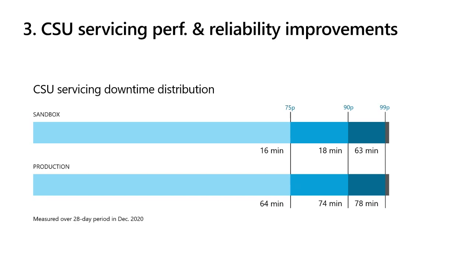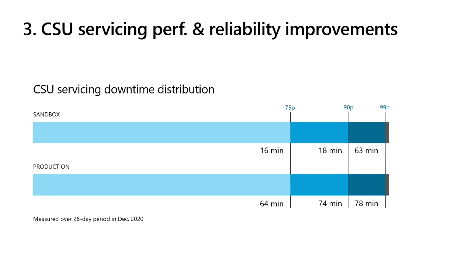And we are in the process of rolling out that support also for CSUs in your production environment. So you can expect to see considerable improvements in your production environment CSU deployment comparable to what you see in sandbox.